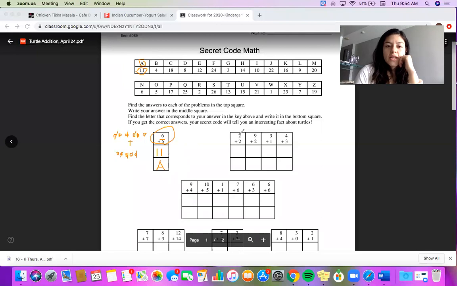So you do the same thing. You solve the numbers. You write the answer here, and then you find what letter that number represents. And at the end, you will have a message with all of the letters here. It'll make a message.